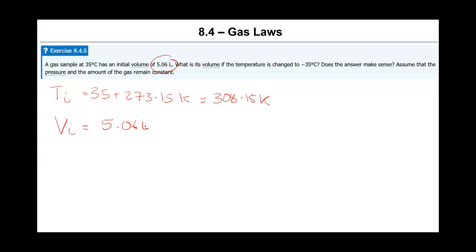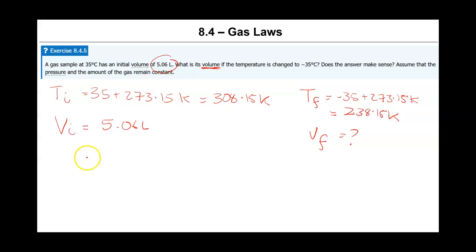What is its volume if the temperature is changed to minus 35 degrees Celsius? So we're trying to solve for the final volume. T final will be minus 35 plus 273.15 Kelvin. It's getting colder, so we're expecting our volume to go down. When we finish the problem, we're going to check that our final volume is less than the initial volume.